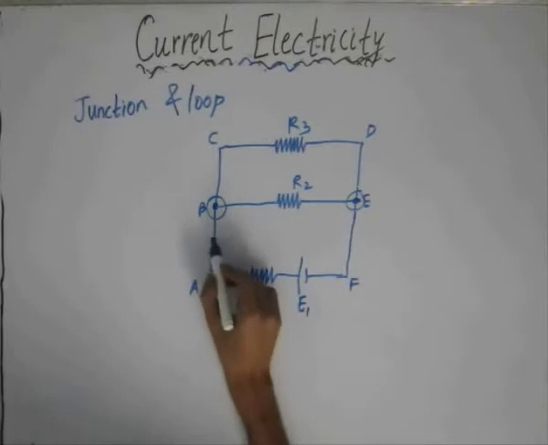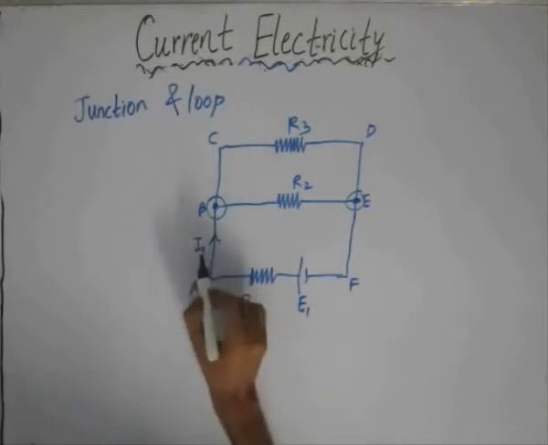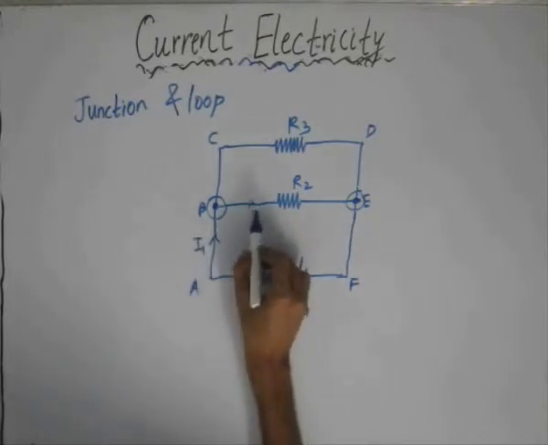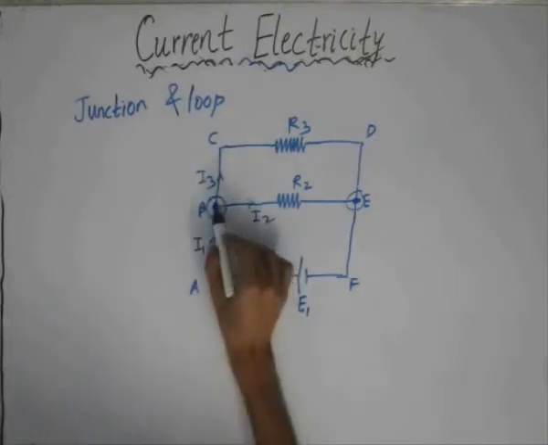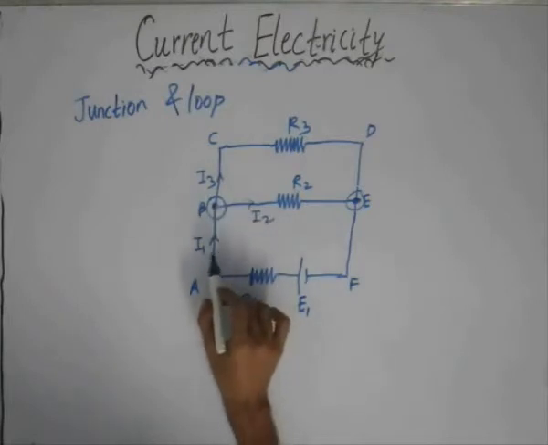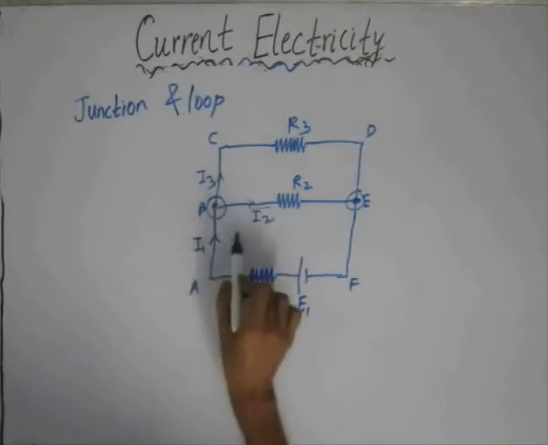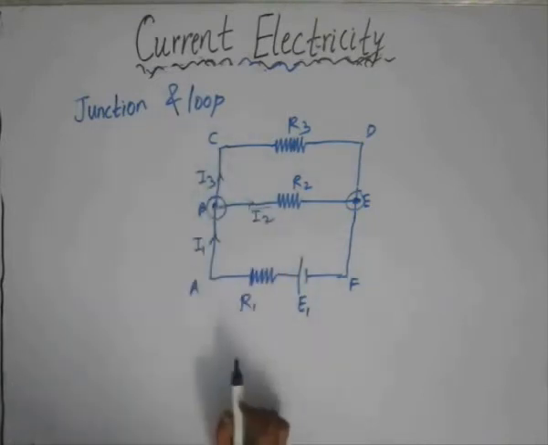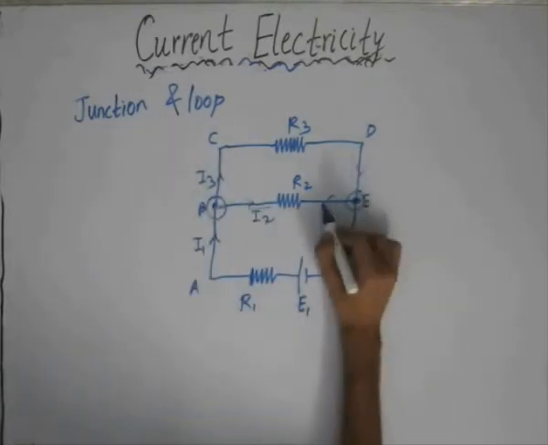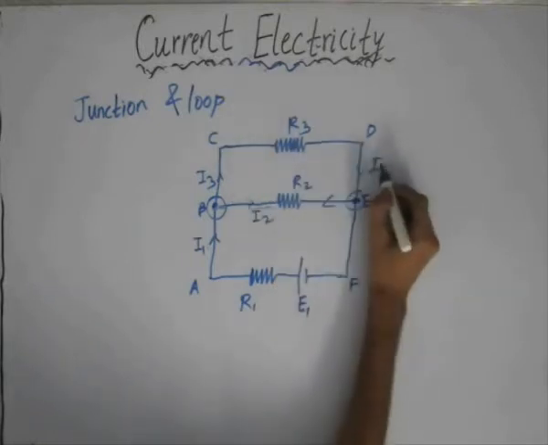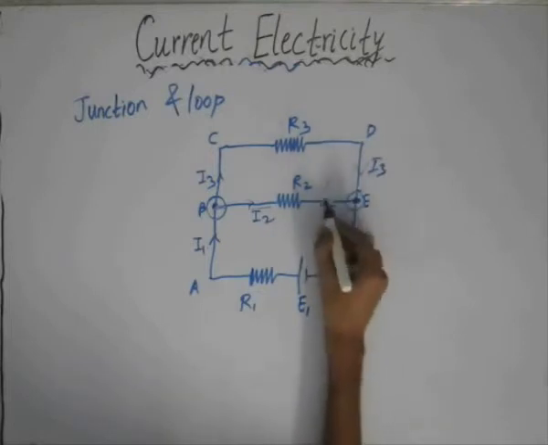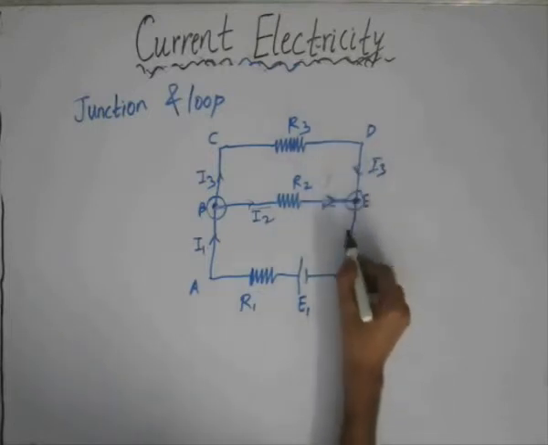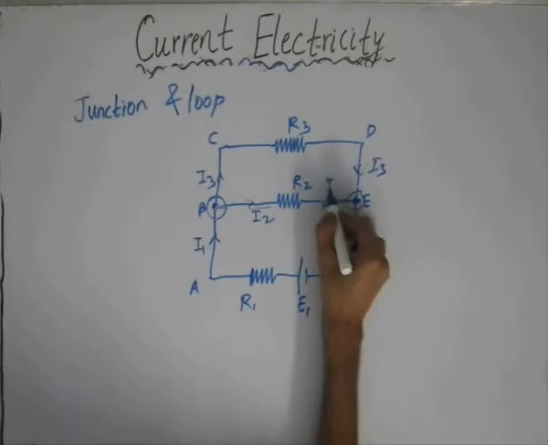Suppose that some current I1 is flowing here, here it is I2, and here it is I3. At junction B, we have an incoming current I1 and 2 outgoing currents I2 and I3. Similarly, here the same current, being in series, is I3, here the current coming is I2, and from here it is I1.